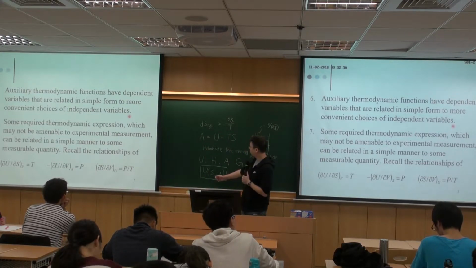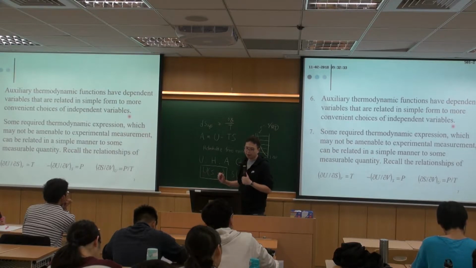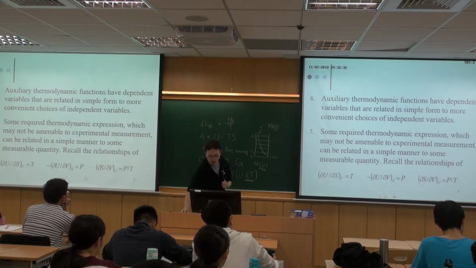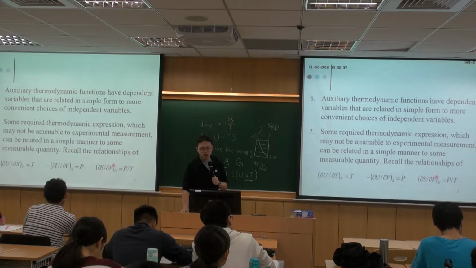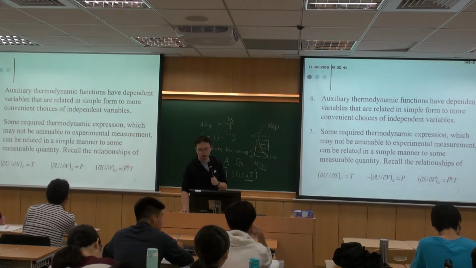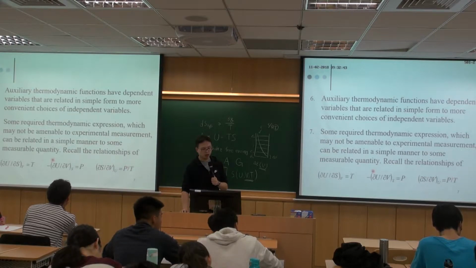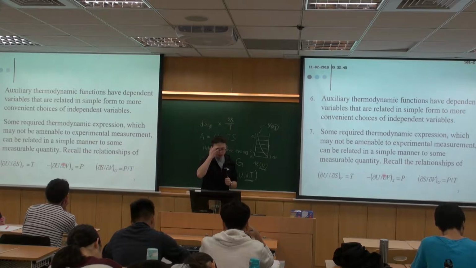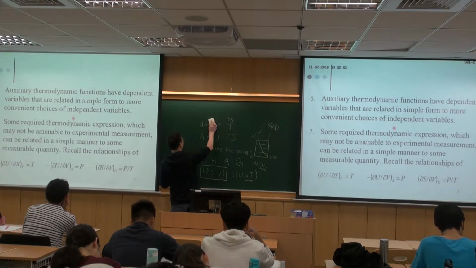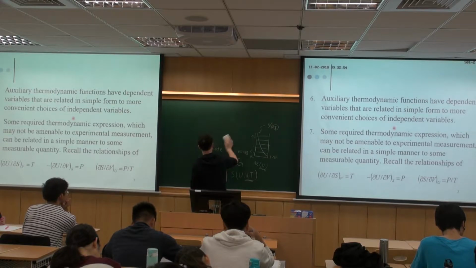Those are directly from here, right, from this one. And of course, partial S partial V at fixed internal energy is P over T. This can be derived by using these two. Okay. So in short, actually we can write this down just to summarize this section.